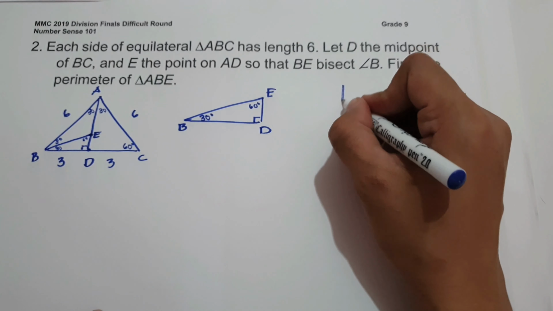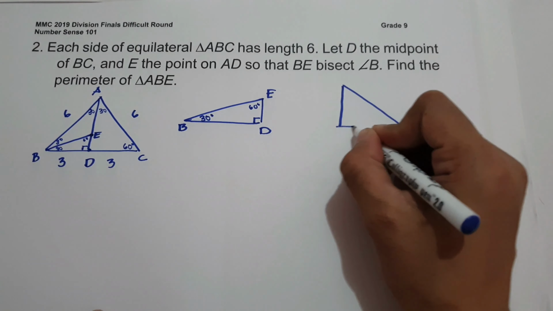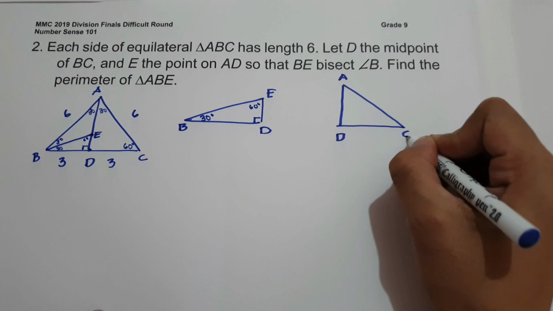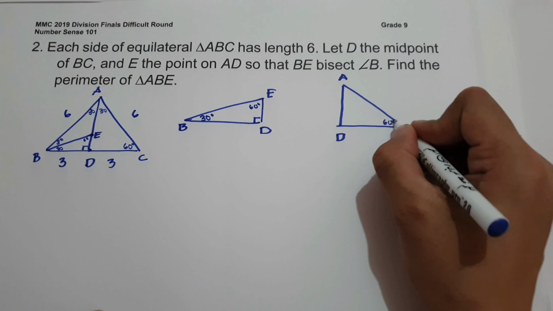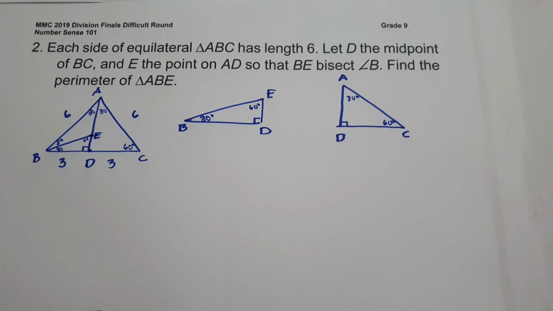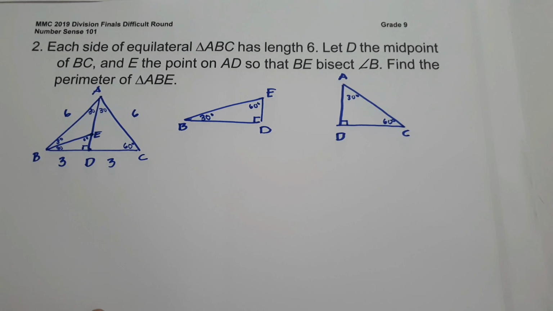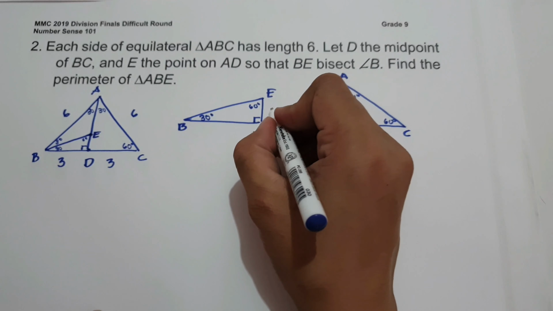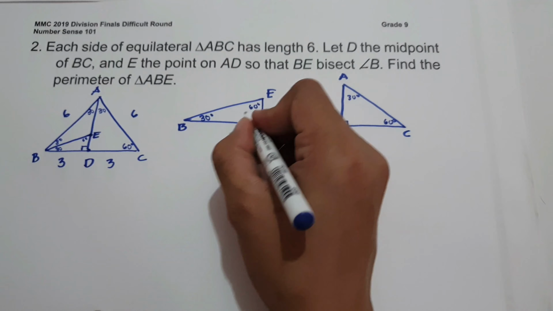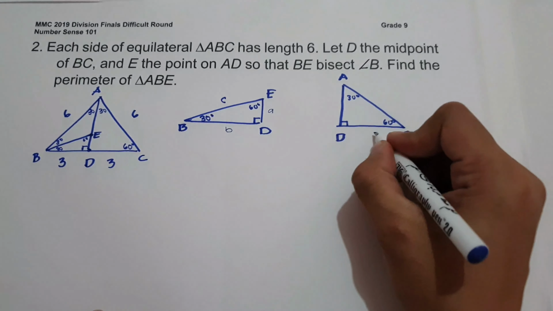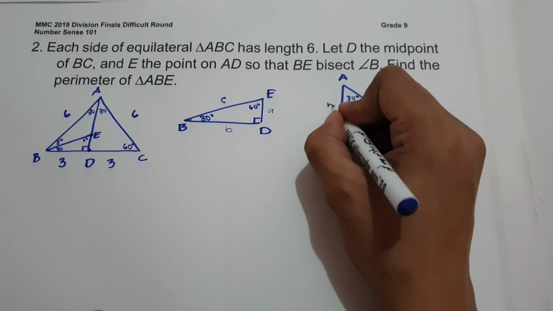And let me have triangle ADC: this is 60 degrees, 30 degrees, and 90 degrees. As you can see, we have a special right triangle 30, 60, 90. The side opposite 30 degrees is a, opposite 60 degrees is b, and opposite 90 degrees is c.